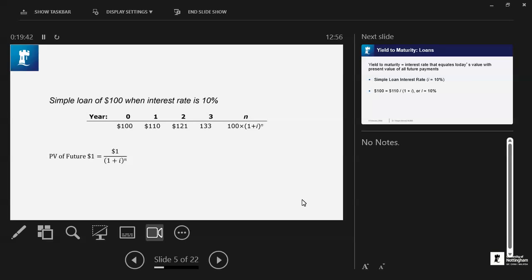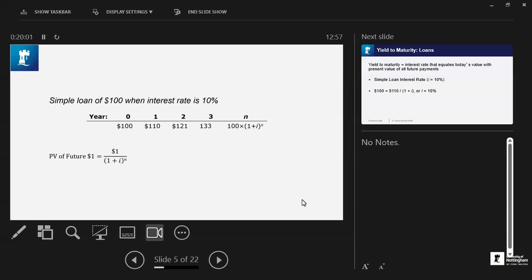Again, you can see the cash flows are certain here. So 100, interest rate is 10%. In 1 year's time, this value of 100 will increase to 110. So the original 100 plus the interest of 10 makes 110.